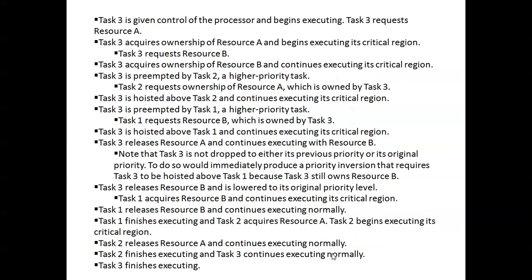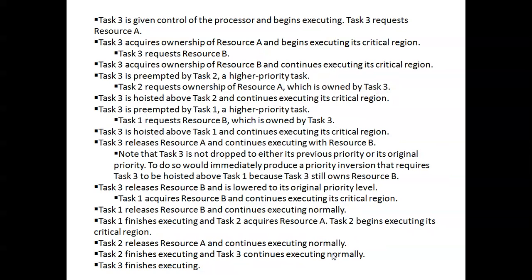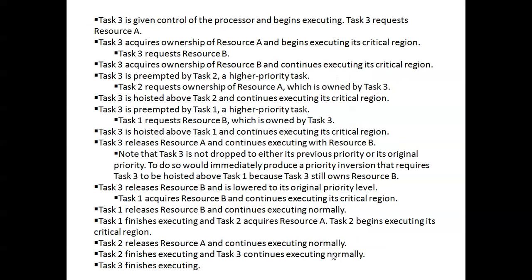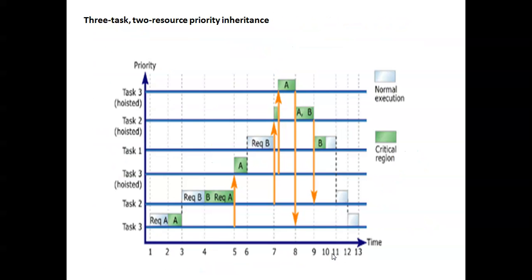So these are the task levels, how they will be preempted. So totally, that priority inheritance is finished. In that graph it is shown how it flows from level 1 to level 13. That is what they wrote here. This is what they discussed here. And then, thank you.